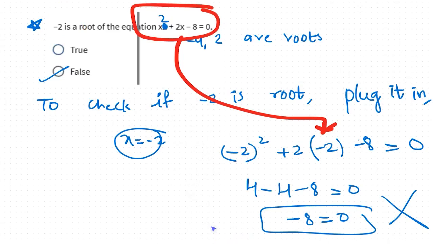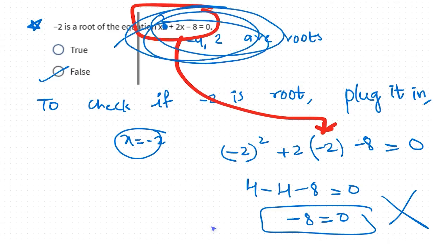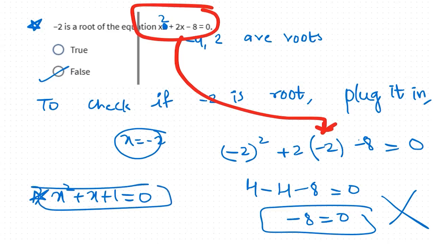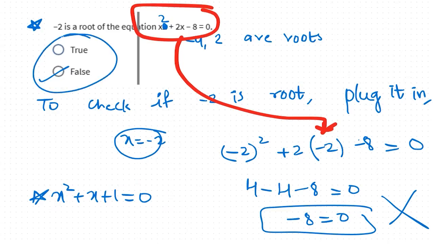You cannot factorize every single quadratic equation that is given, okay? For this question, you are able to factorize and find the roots. But let's say I consider the previous example, x square plus x plus 1. Can you try it with the same x value, -2? Try if x is equal to minus 2, whether it is a true or false root.